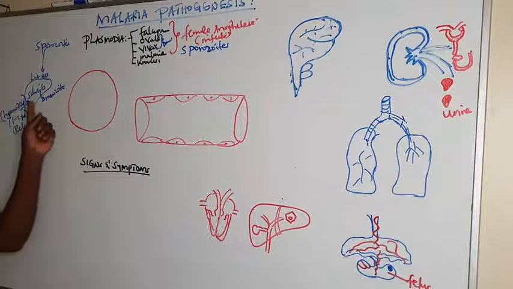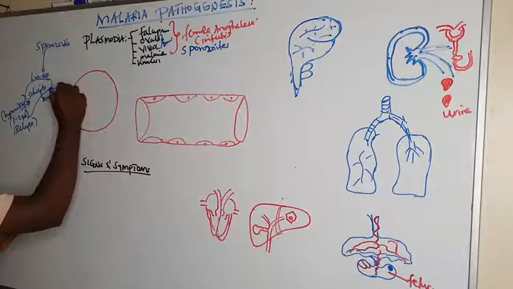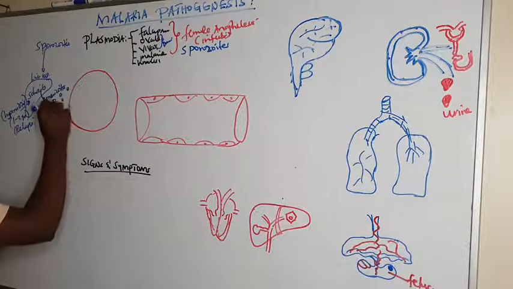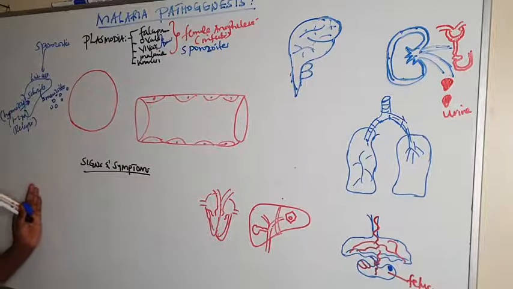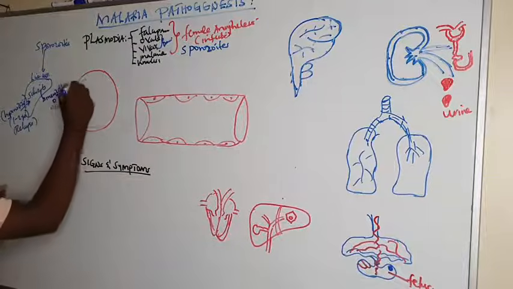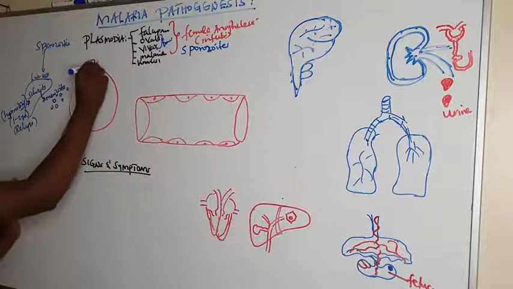So after the schizonts rupture to release merozoites, we saw that the merozoites come and attach. These are the merozoites released from the rupture of the schizonts within the liver during the pre-erythrocytic schizogonic stage, and they come and attach to the receptors on the red blood cell. So this is the RBC.